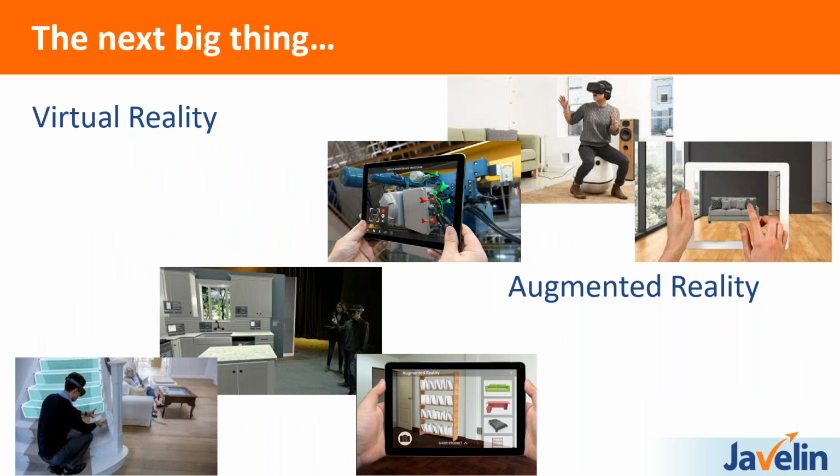In terms of the next big thing, people are using this technology not just to generate the CAD models, but are going to the extent of using augmented reality to see, for example, what those bookshelves look like in their rooms, and to use it within either a virtual reality or an augmented reality environment.